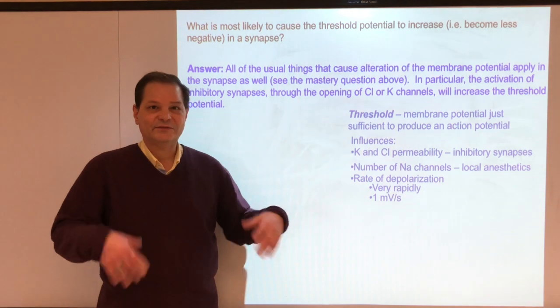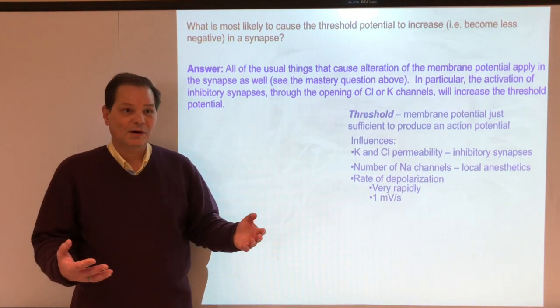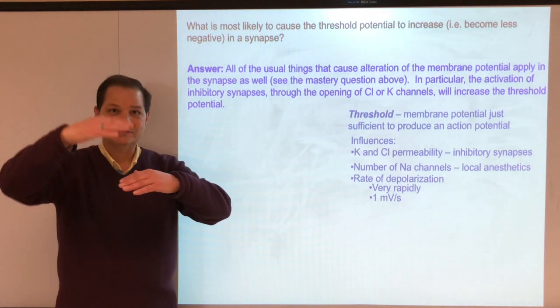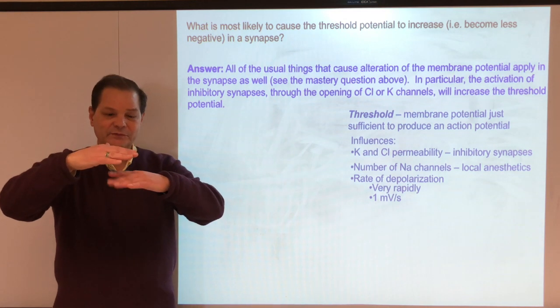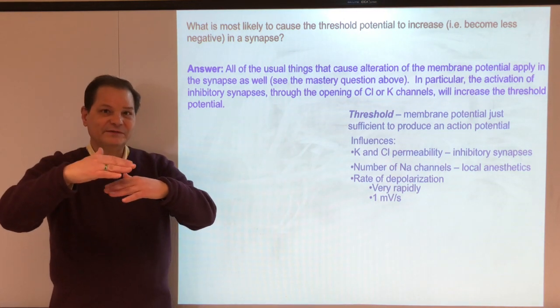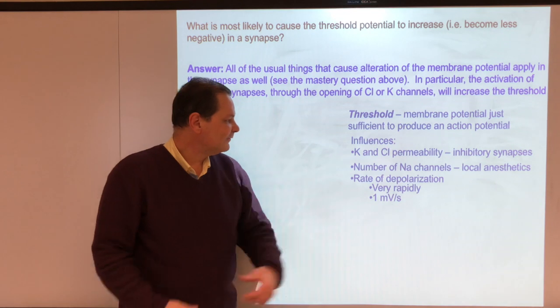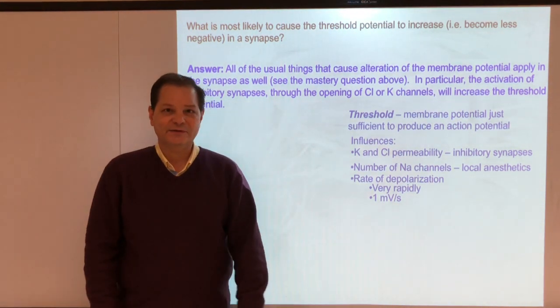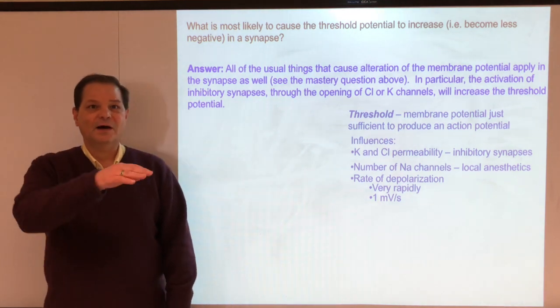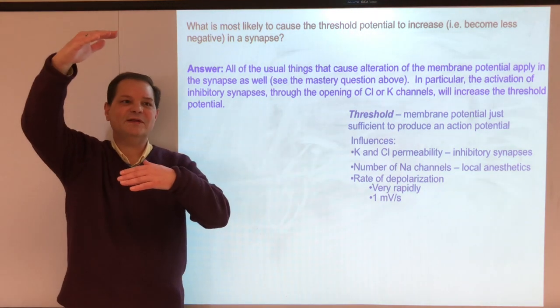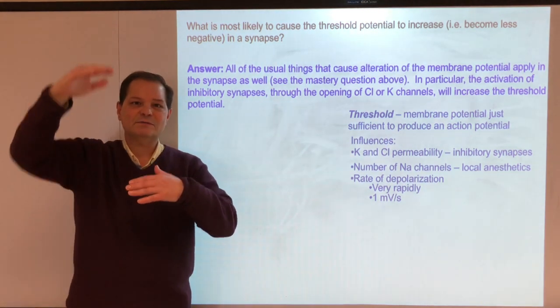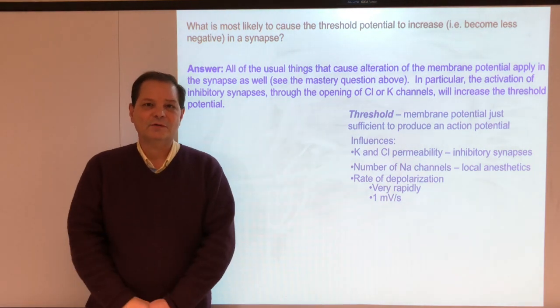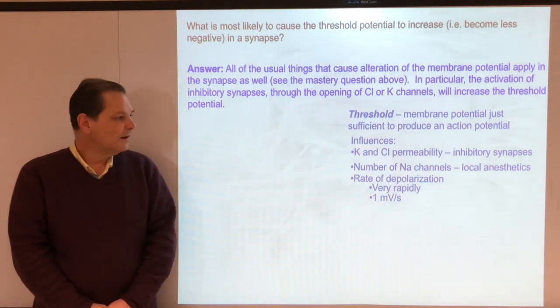If you depolarize very rapidly, the threshold potential is actually more negative. That is closer to the resting potential. It's easier to fire an action potential. If the rate is much more slow, 1 millivolt per second would be extremely slow, then your threshold potential will become much less negative. That is much closer to 0, or it will increase, as we typically say.